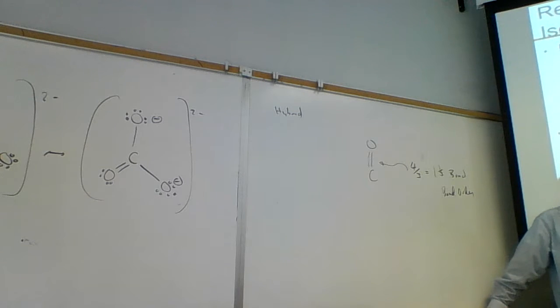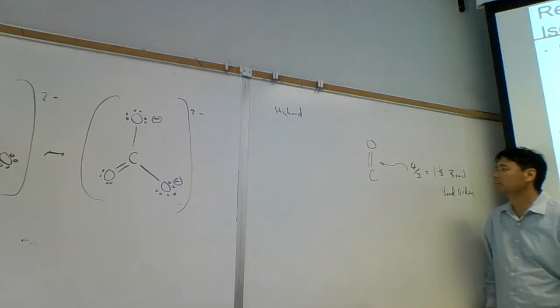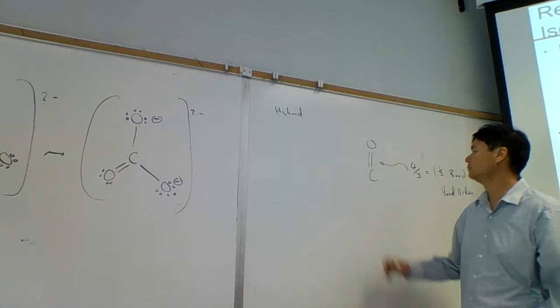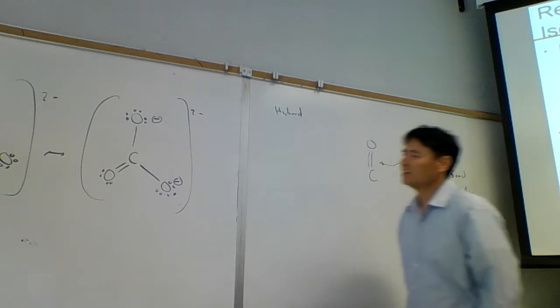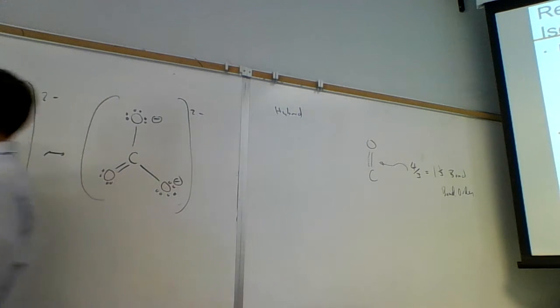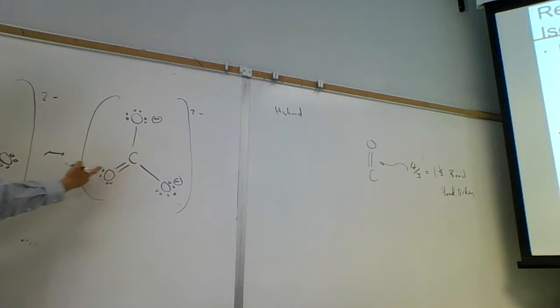So bond order 1 is a single, bond order 2 is a double. A bond order of 1.5 is a 1 1/2 bond. This one is a 1 1/3 bond. How about this one down here on the left? So it's single, single, double. We'll take this double and average it over 3, so that means 1/3, 1/3, 1/3.